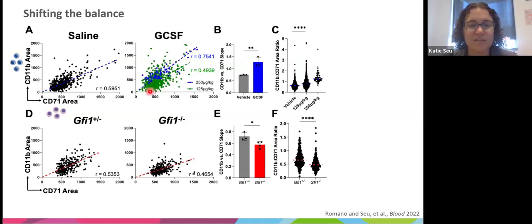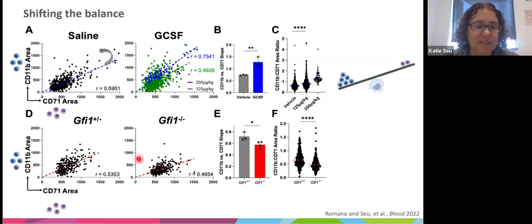And so again, this is all quantification of data collected on the image stream, where we're using that CD11B and CD71 area as a readout of how much of each cell type is in the islands. And so when we stimulate with GCSF, we see this ratio go up to having more CD11B in the islands and less CD71.